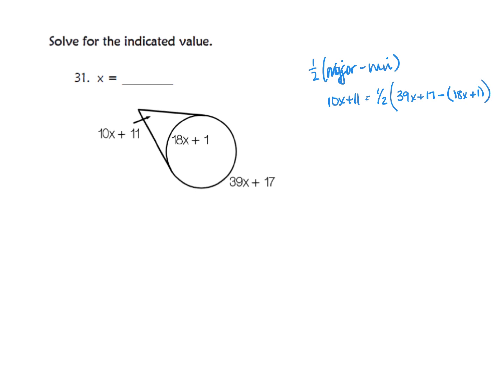All right, so if I clean this up, first of all, I would multiply by 2 in order to clear out that fraction. So I'd end up with 20x plus 22 equals 39x plus 17. Then distribute that negative, it becomes negative 18x minus 1. So if I clean this up, we have 20x plus 22 equals, and now I'm just going to combine my like terms here.